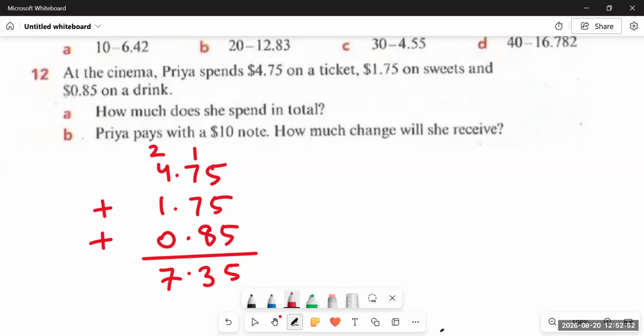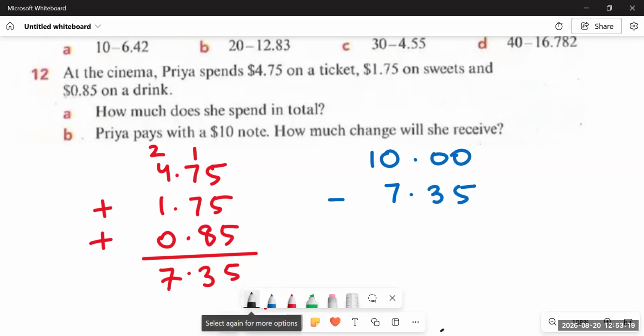Priya pays with a $10 note. So she spent $7.35. Her bill was $7.35. But of course, a note is in $10 or $20 or $50 or like that. So we cannot pay it in petty cash. So we have to subtract 7.35 from 10. So let's use Marcus's method again, the conventional method, borrowing 10 from 1.